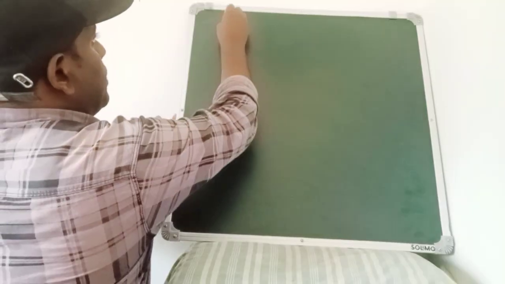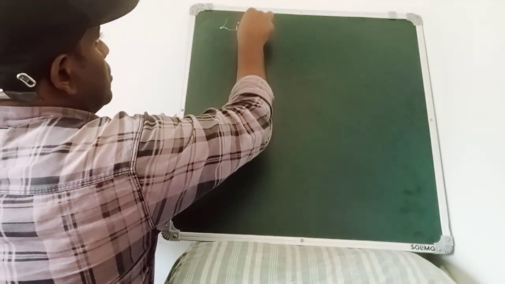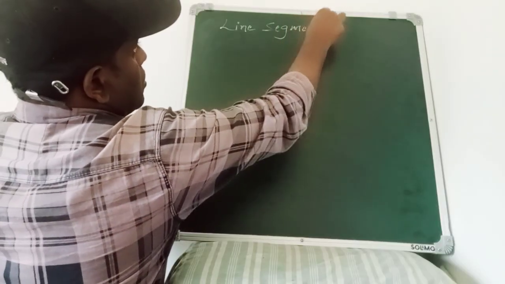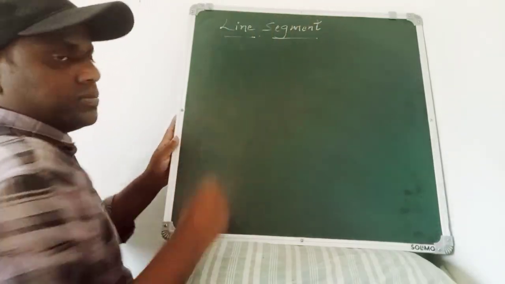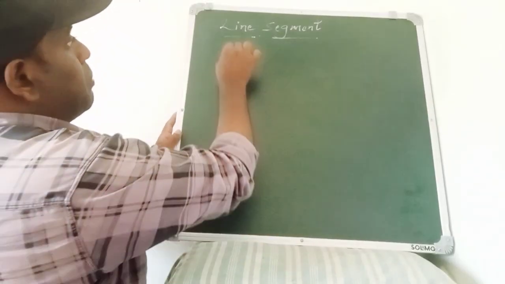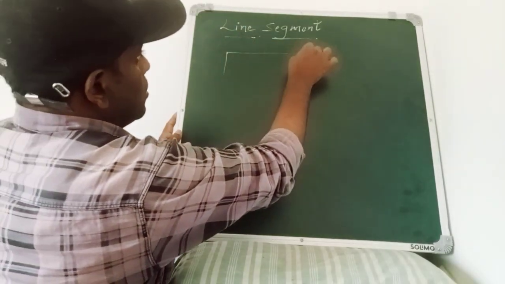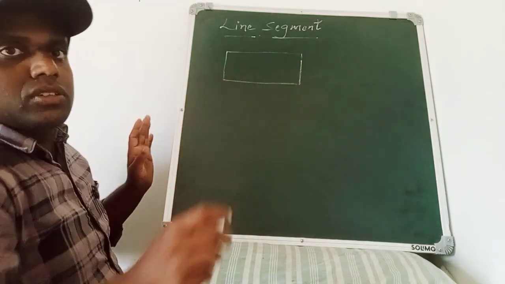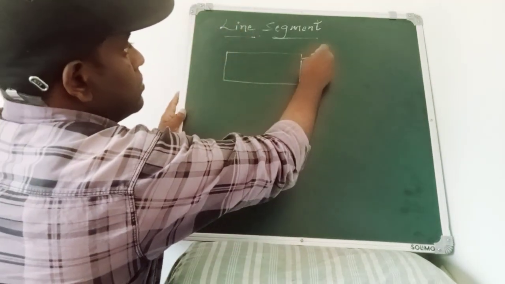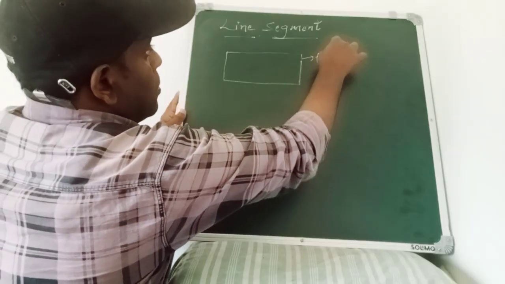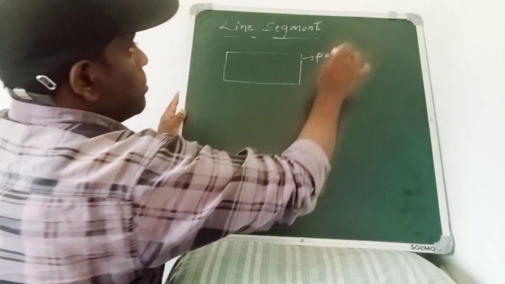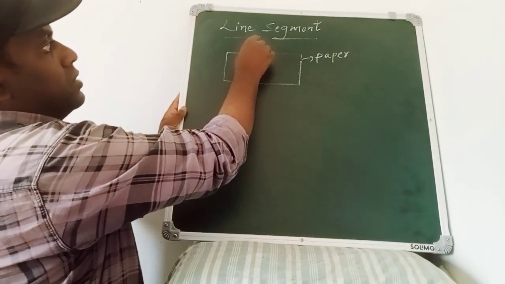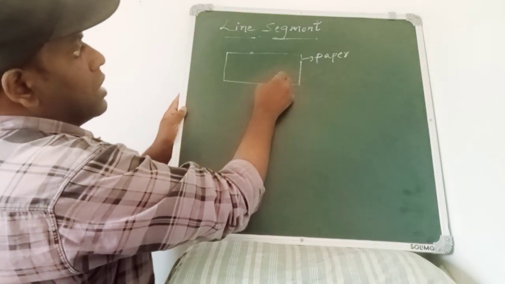Next, line segment. So I will take a paper like this. Assume this is the paper, P-A-P-E-R, paper. I will take a point here and I will take another point here.